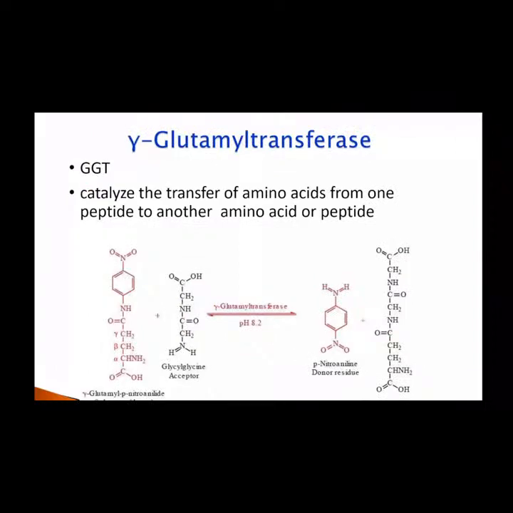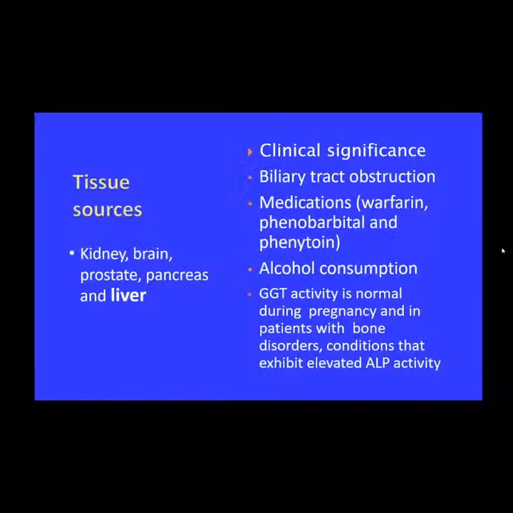Gamma glutamyl transferase is another enzyme, right? It catalyzes the transfer of amino acids from one peptide to another amino acid on another peptide. This is the function of gamma glutamyl transferase. What are the sources of this enzyme? It is mainly present in organs like the kidney, brain, prostate gland in males, pancreas, and liver.